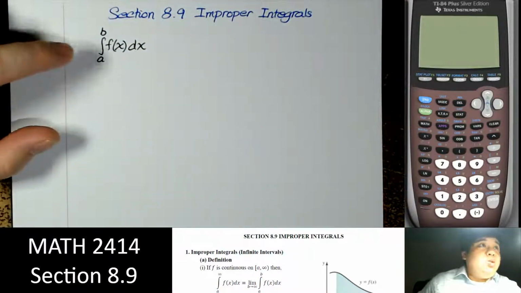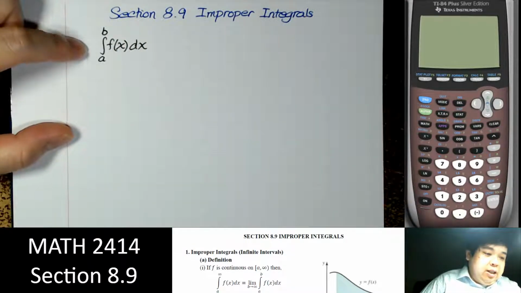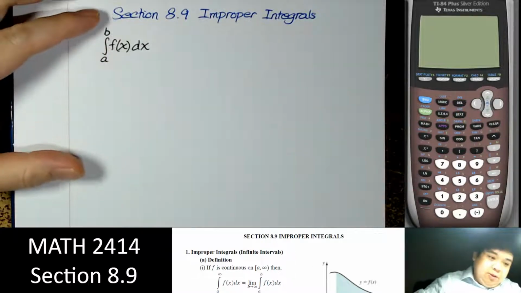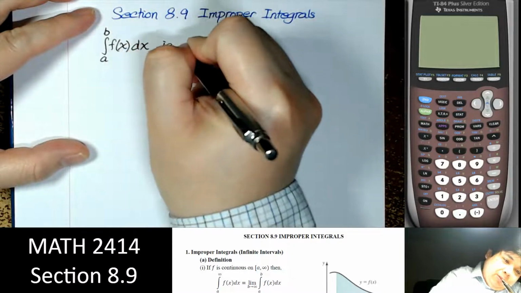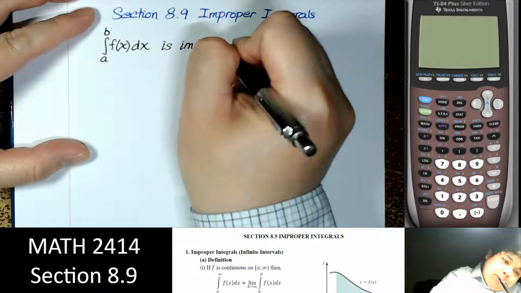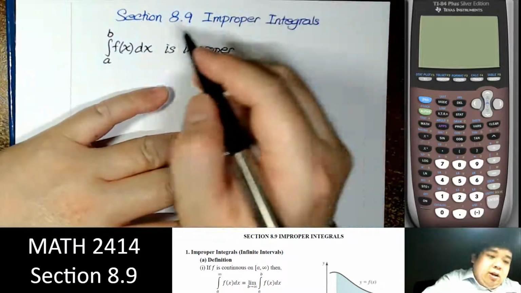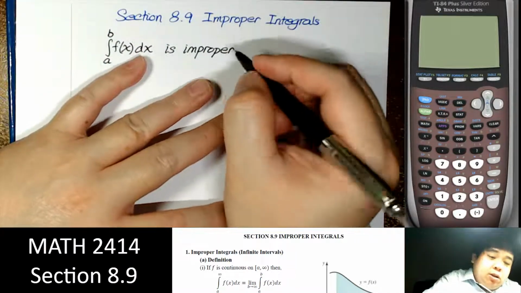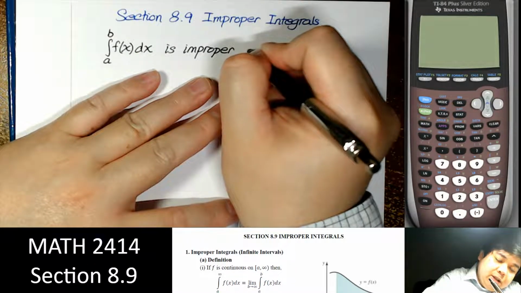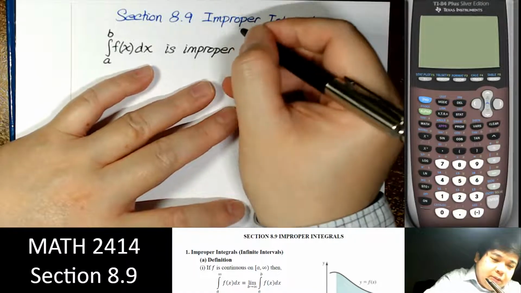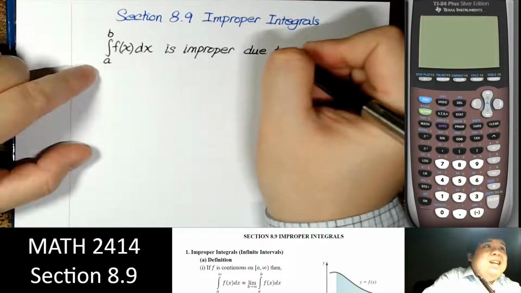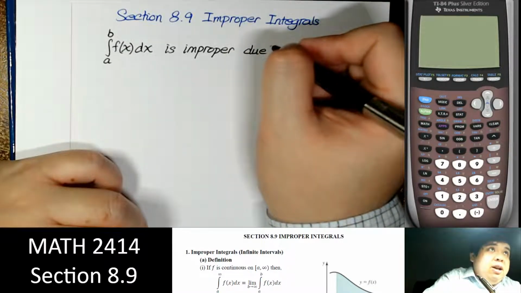What makes this one improper is the limit might be a problem, or the function may be a problem. This one may be improper due to either a or b being an infinite limit.